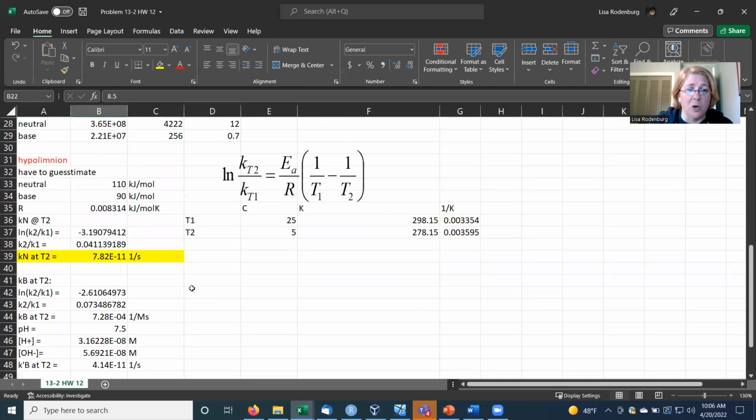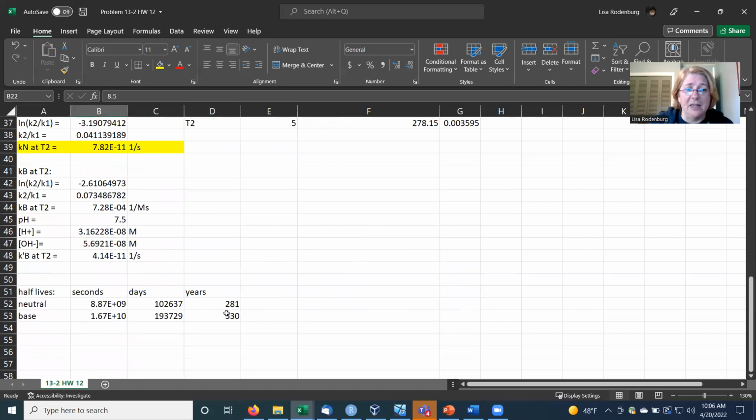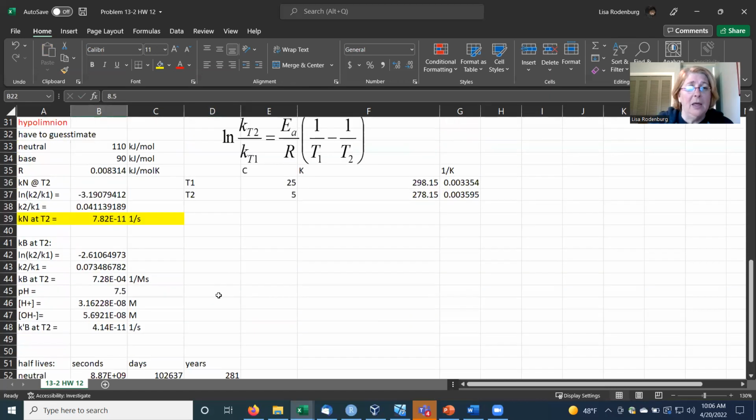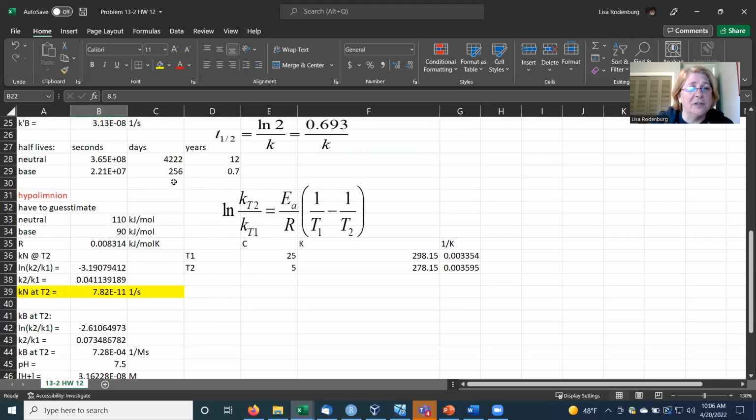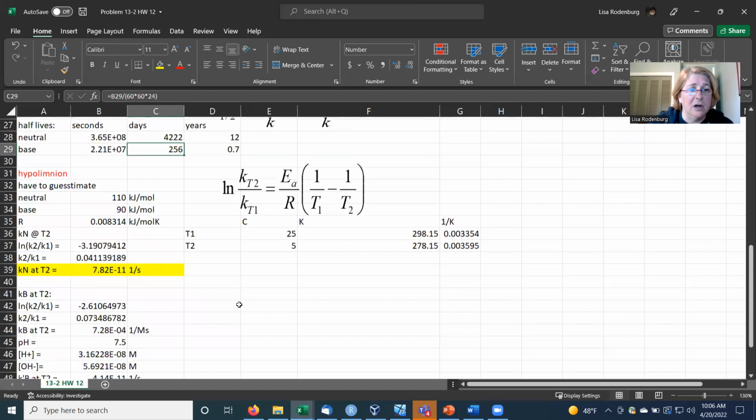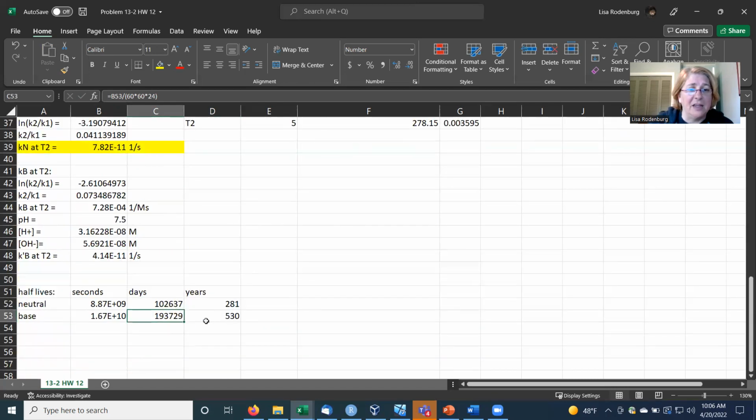Both of those factors are working against you when you get down to the hypolimnion, and the half-life is much longer. The other thing you notice is that the base catalyzed mechanism was faster here, but now the base catalyzed mechanism is actually slower because there's less base around, there's less hydroxide.